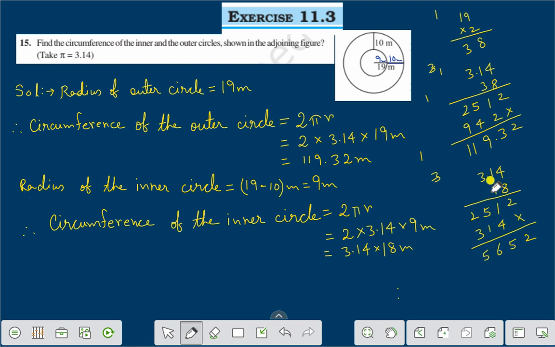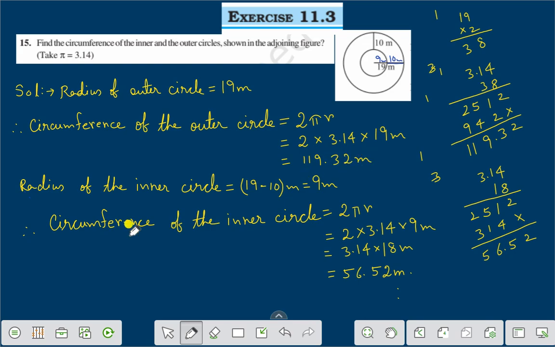Right? And after 2 digits, the decimal point: 56.52. That is equal to 56.52 meter.